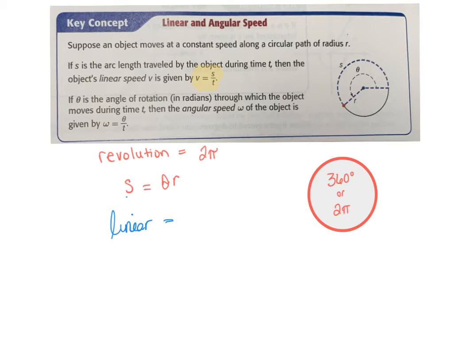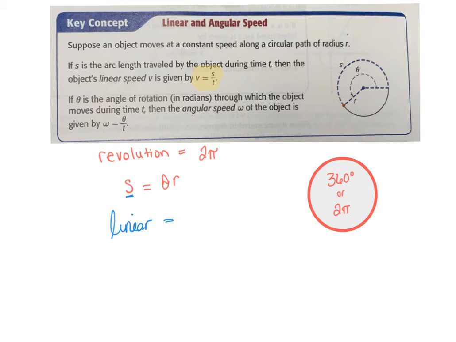is going to be this entire arc length. It could be 3, 4, 5 circles, or 5.5 circles, or 150 circles, right? However many times that particular object turned, times your 2 pi, and times your radius. That's going to be this S here.